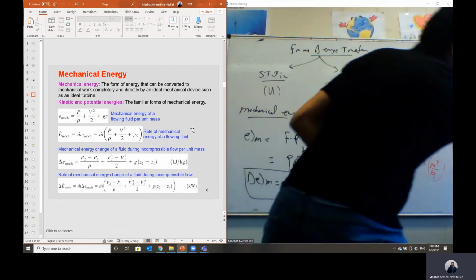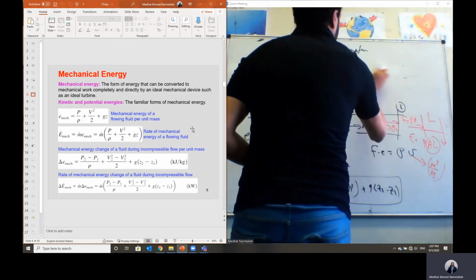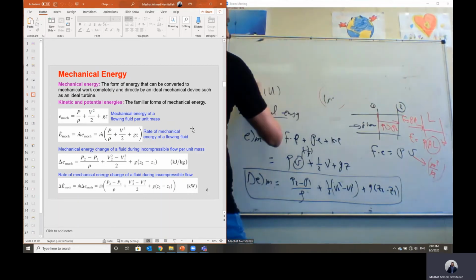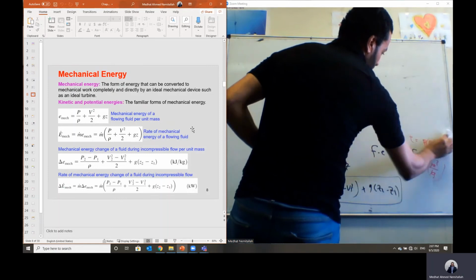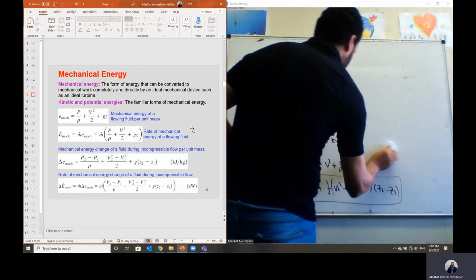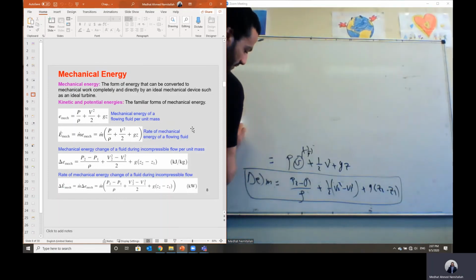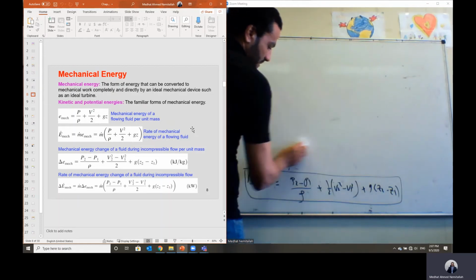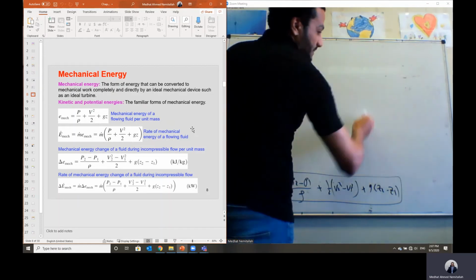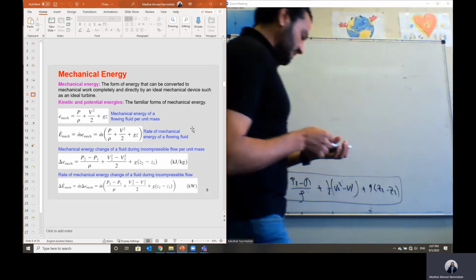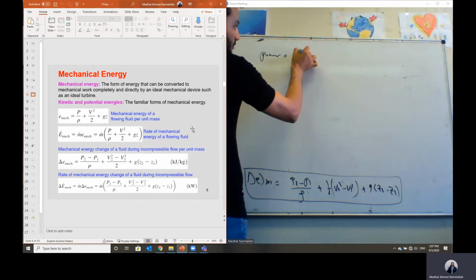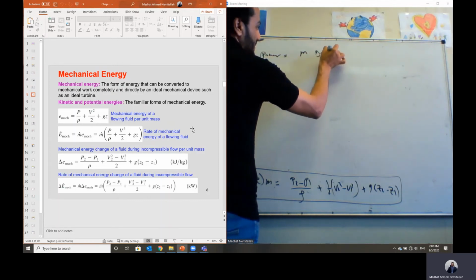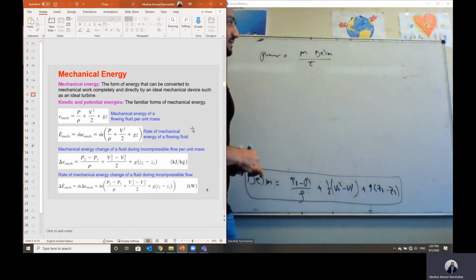What about the power of the fluid? Power will equal the rate of energy per unit time. So it will equal m dot, or mass multiplied by specific energy divided by time. So the power of the flow in the fluid will equal mass multiplied by delta E mechanical over time.